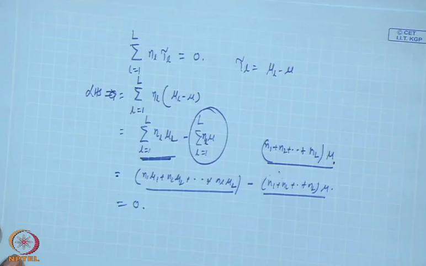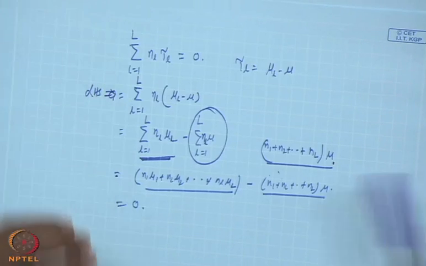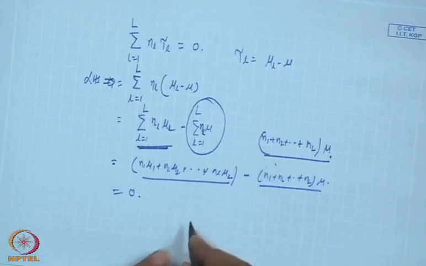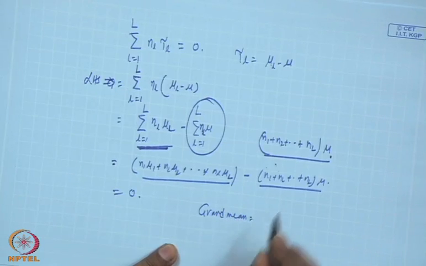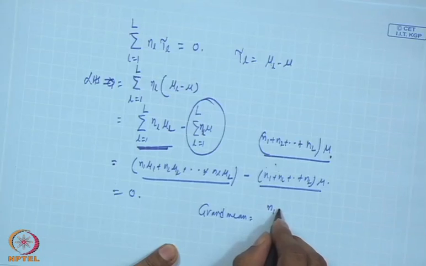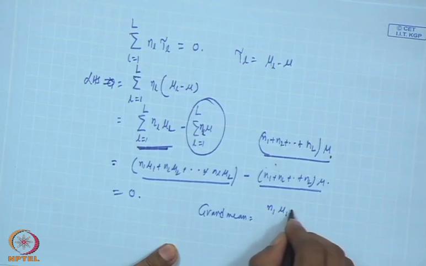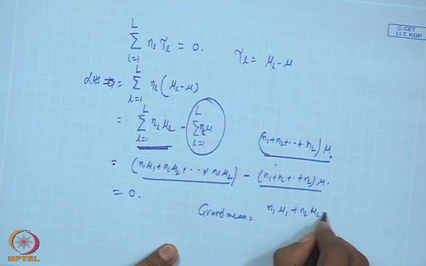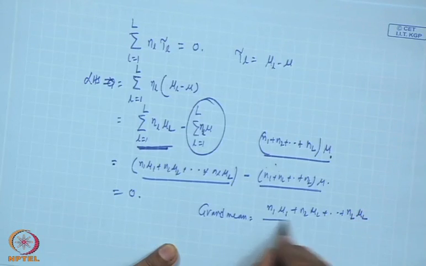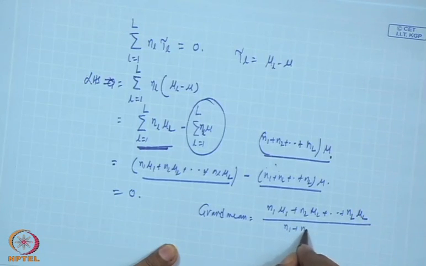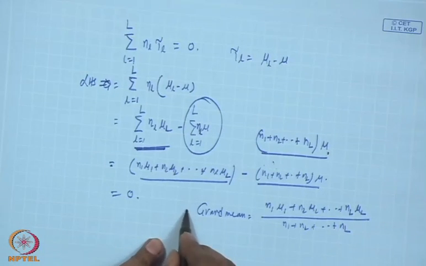Problem? You have to understand that the grand mean is the mean of the means, weighted case here, N 1 mu 1 plus N 2 mu 2 plus N L mu L by total frequency, and this one is mu.